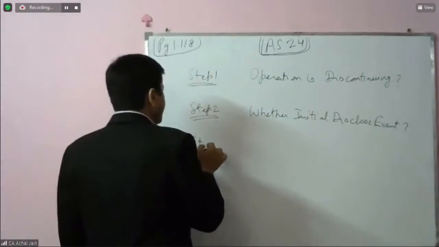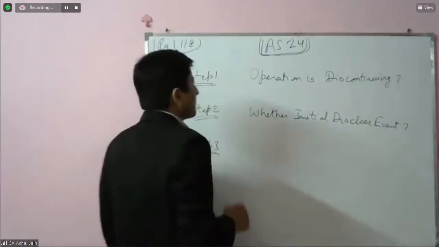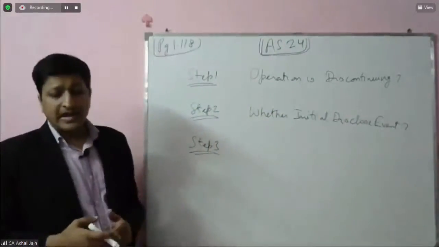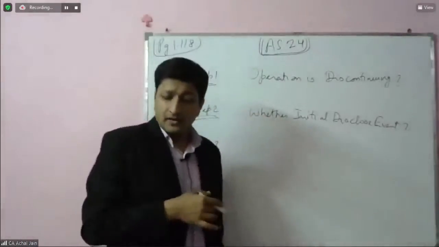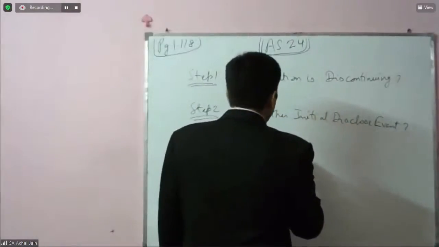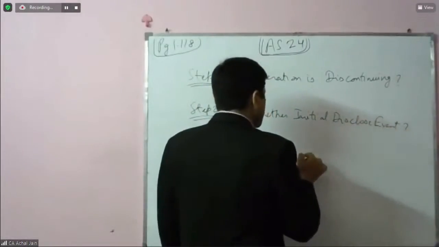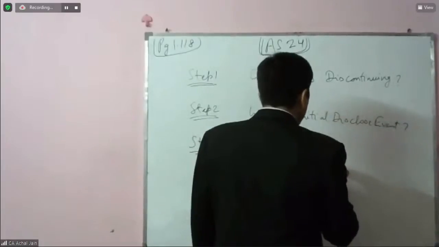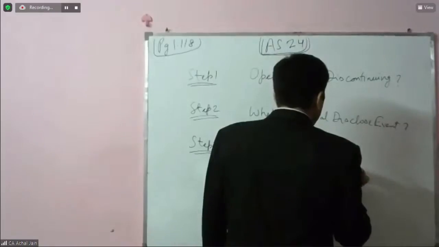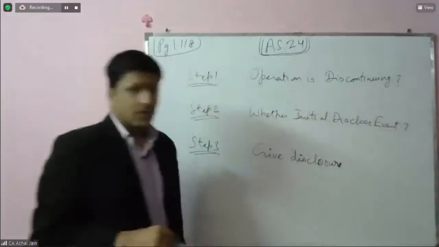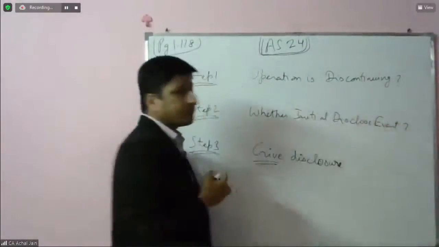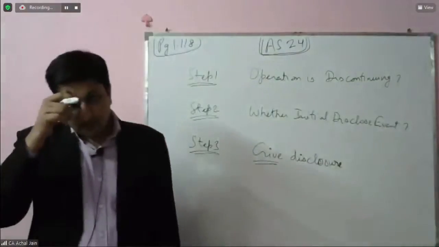Step number 3. If the operation is discontinuing, of course, we'll move on to the initial disclosure event, and if the initial disclosure event is also there, what is the next step? To give the disclosure in the financial statements. Okay.